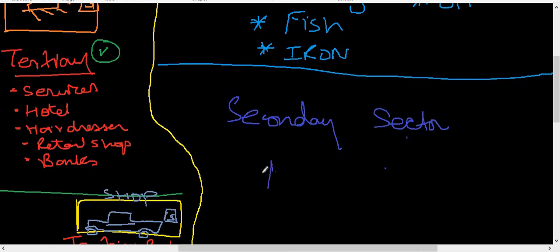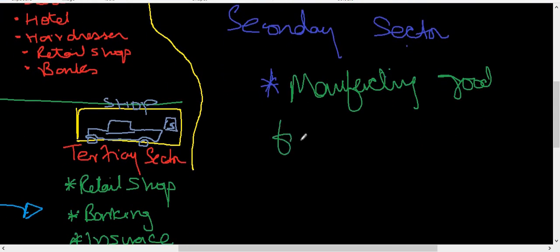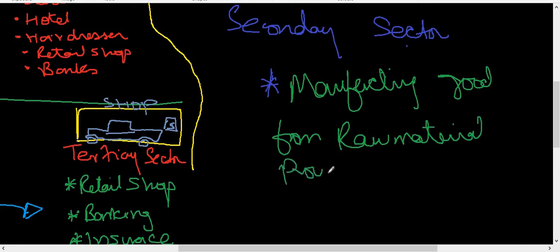So it's all about manufacturing goods from raw material provided by the primary sector.